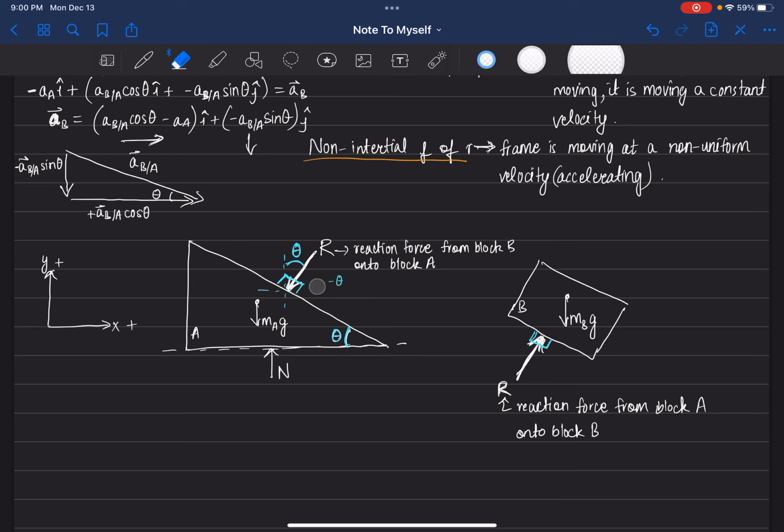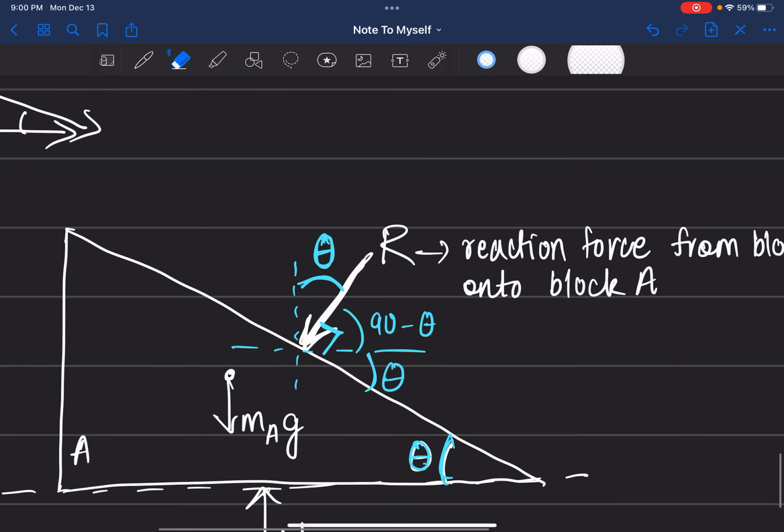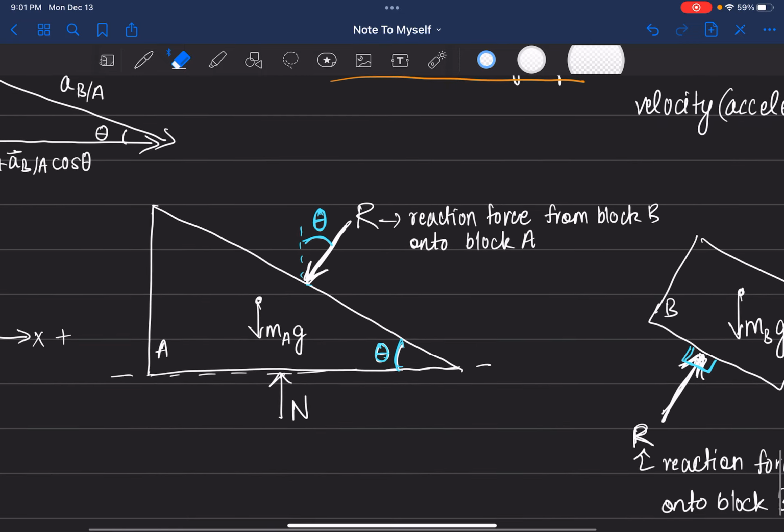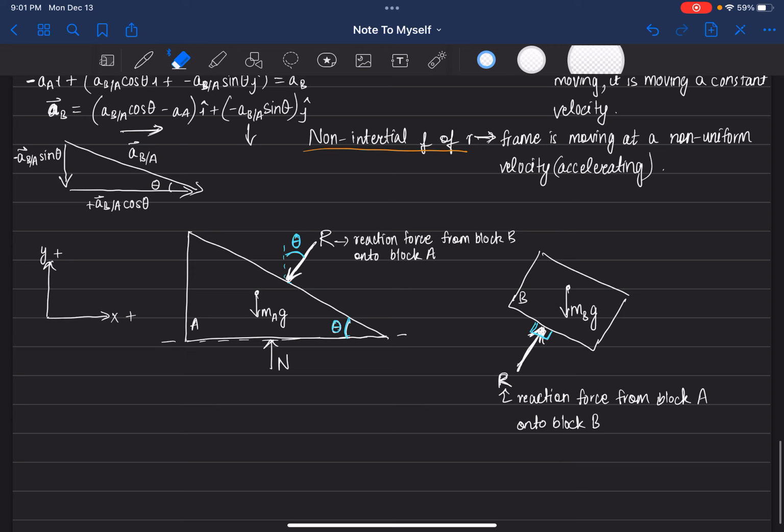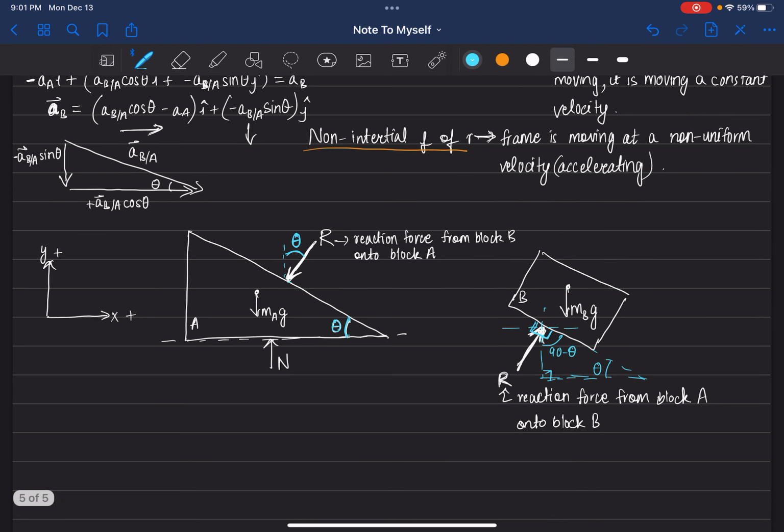I'm going to erase this just to make it a little more clear. Oh, erased way too much. Okay, so we have theta over there. Let's look at block B. If this is theta, then this is 90 minus theta, because I'm basically making an imaginary right angle triangle here.